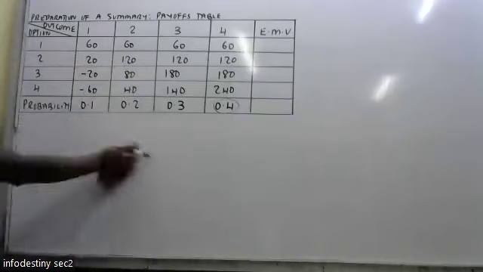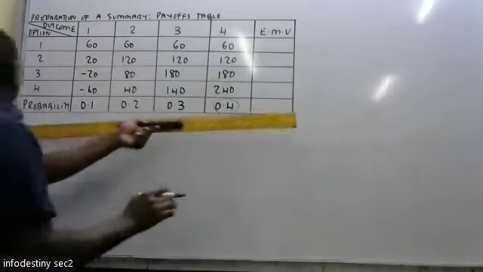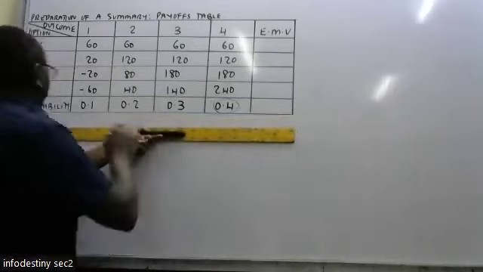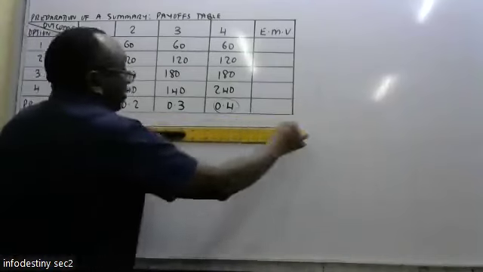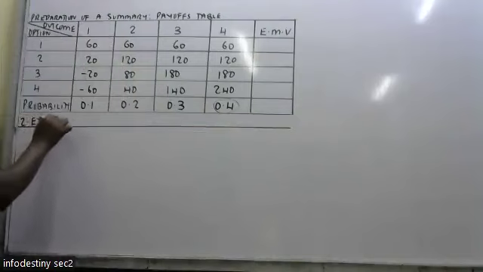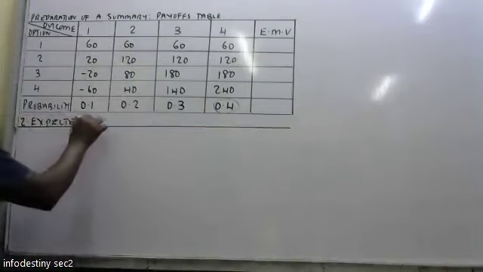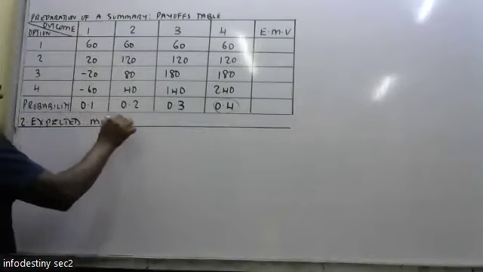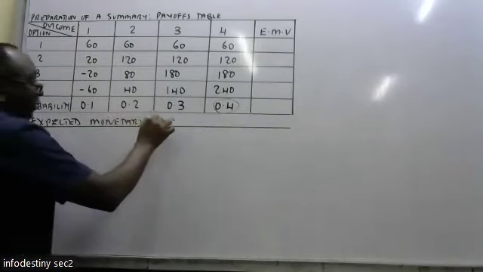My mind had run off to tomorrow. I'm thinking of something I'll be doing tomorrow. So number 2 is called expected monetary value rule.